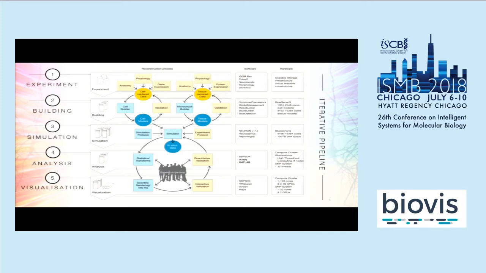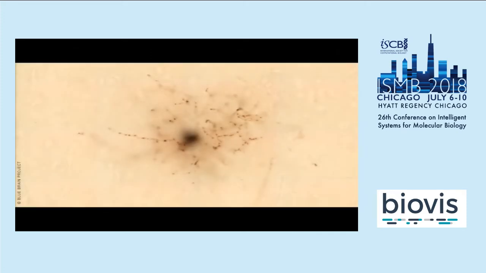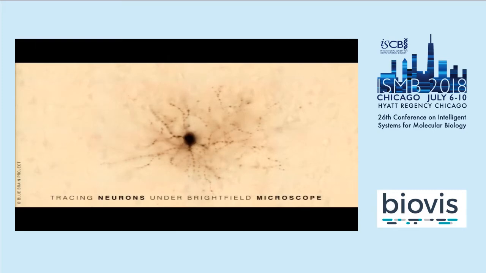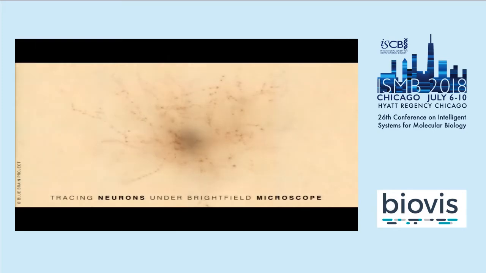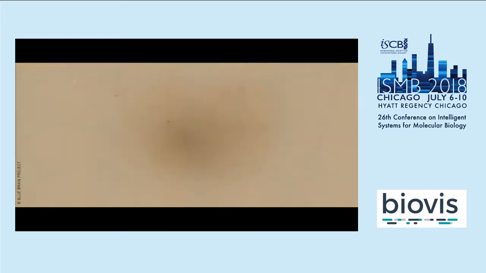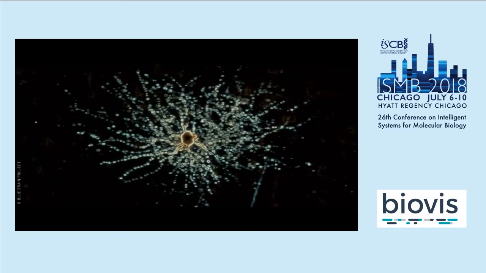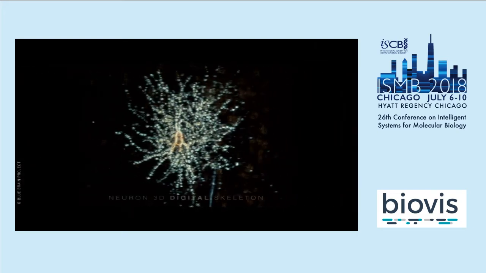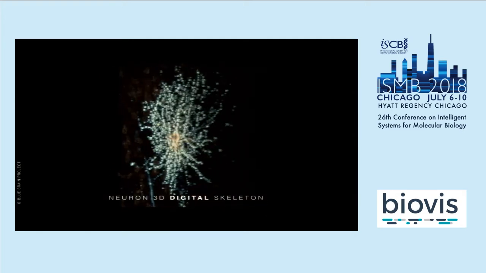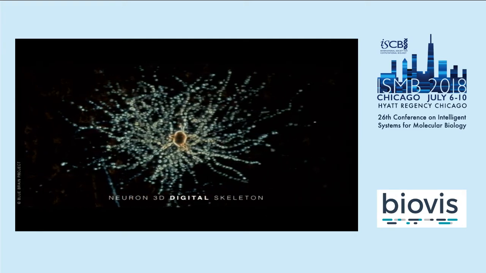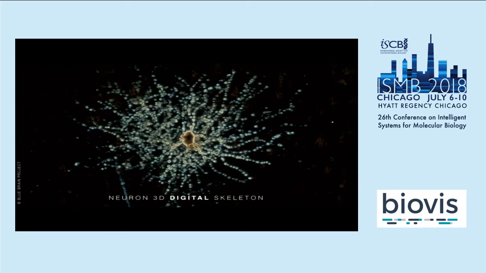So we basically go to the lab, and then we start tracing the neuronal morphologies, and we reconstruct a microscopy stack. From this microscopy stack, we have a digital model, a morphology of a neuron. And that's the basis of our entire simulation, this little piece of neuron.